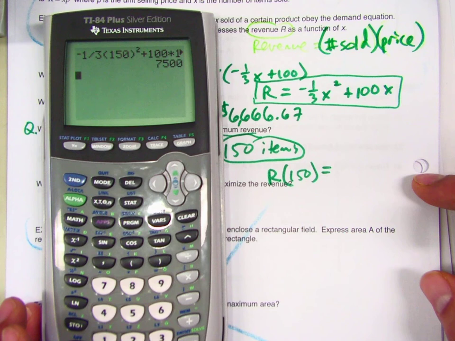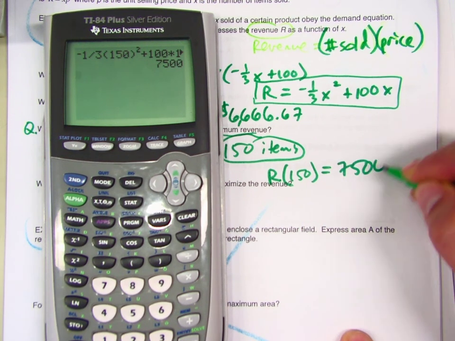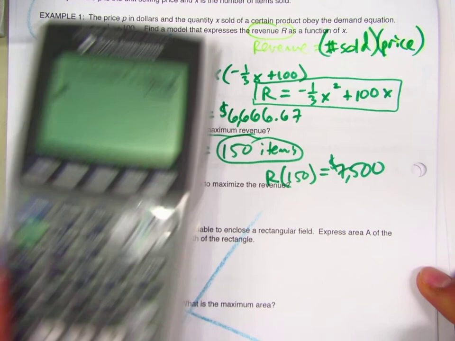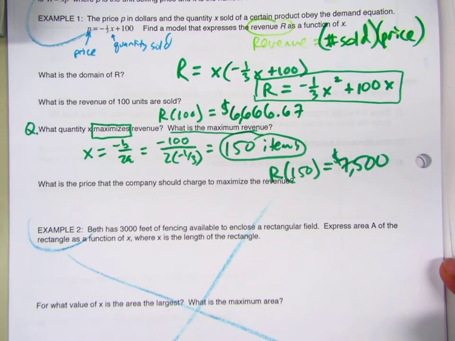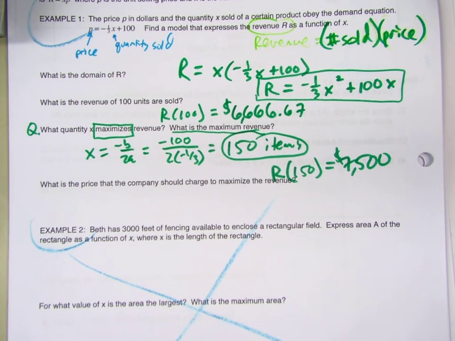Is that what everybody got? Okay, just making sure. $7,500 is the best case scenario here. Okay? Any questions on that?